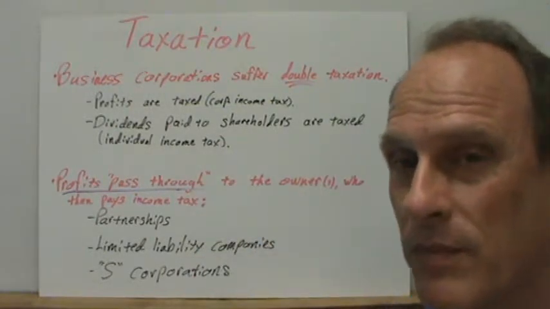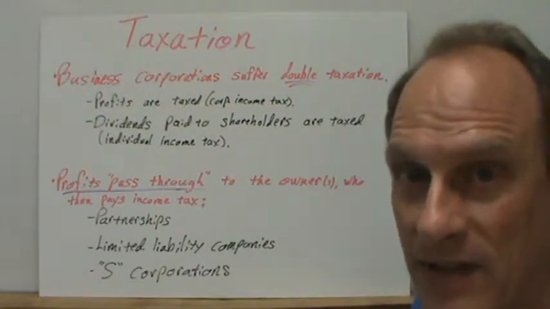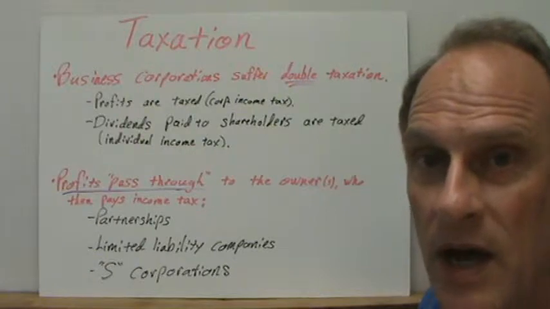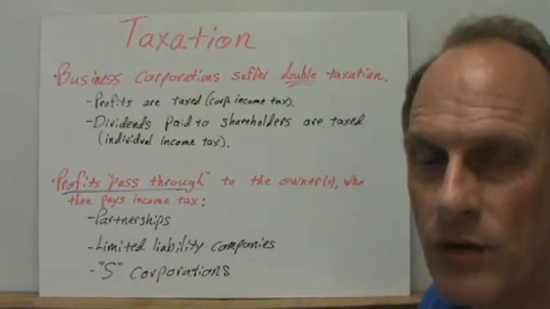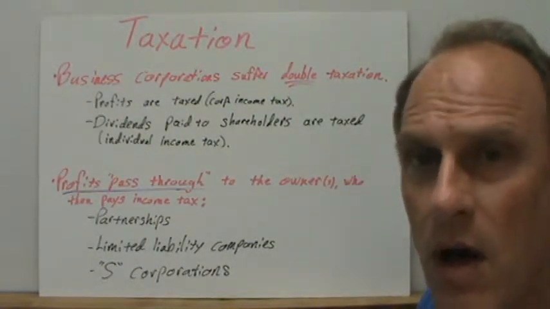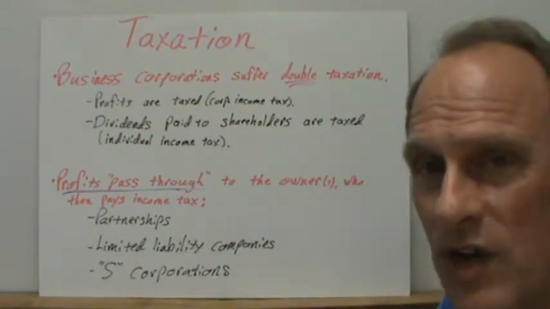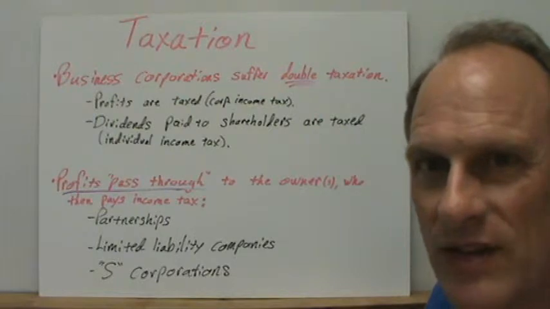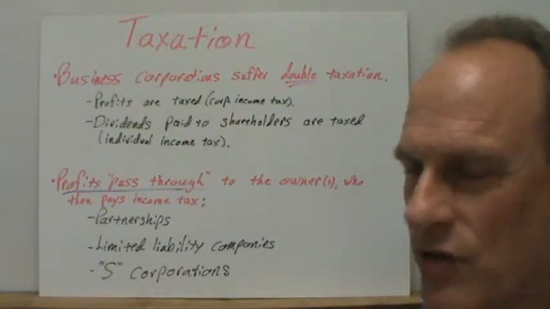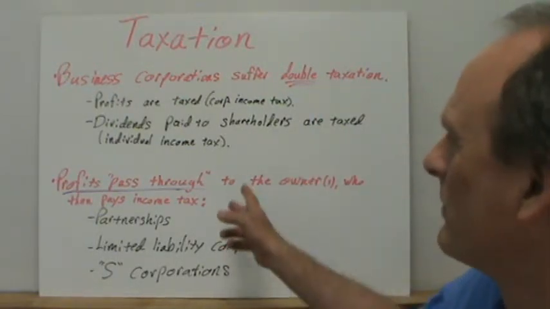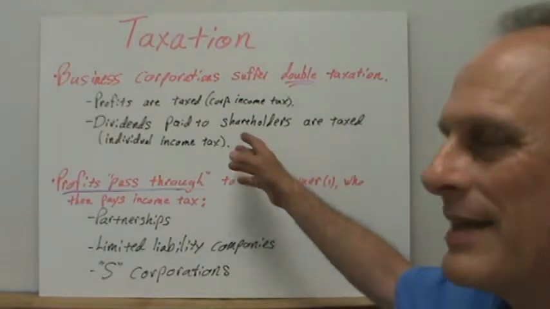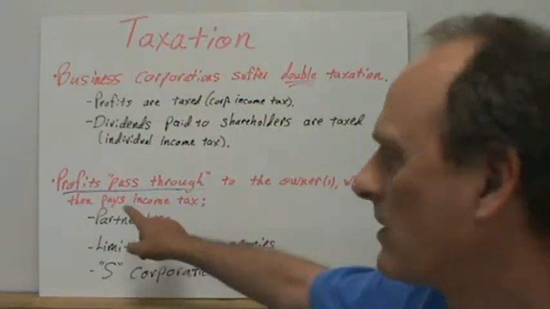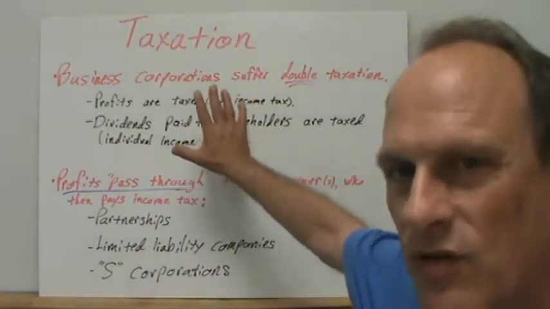Then when the profits, what's left after the taxes, is passed on to the owners, the shareholders, or the members, or whatever they're called, those shareholders are going to be taxed as they receive their dividend on their personal income tax. So it's double taxation.